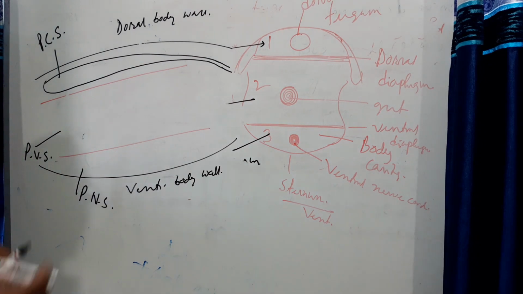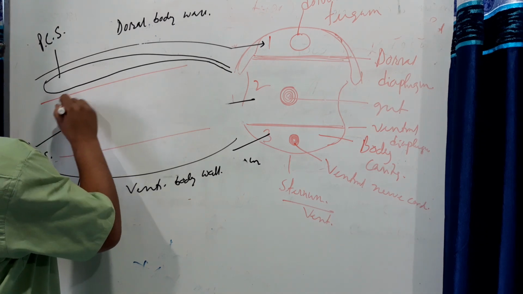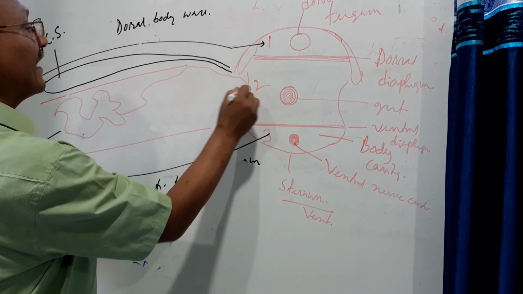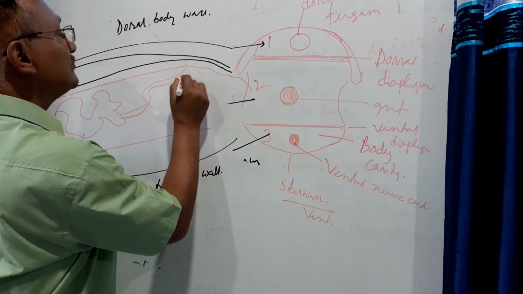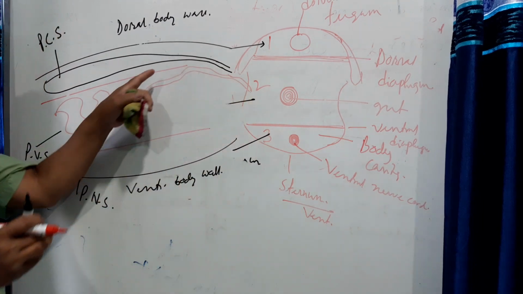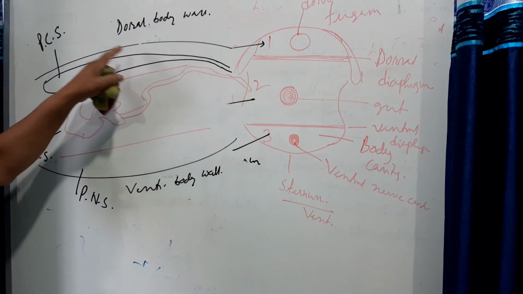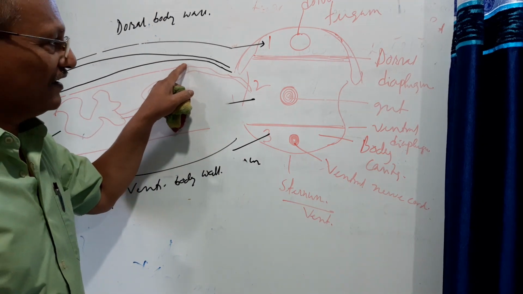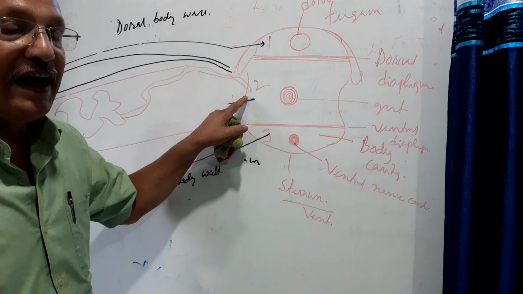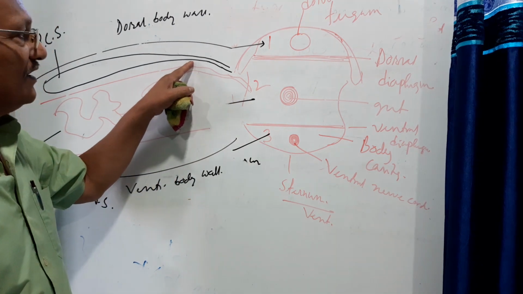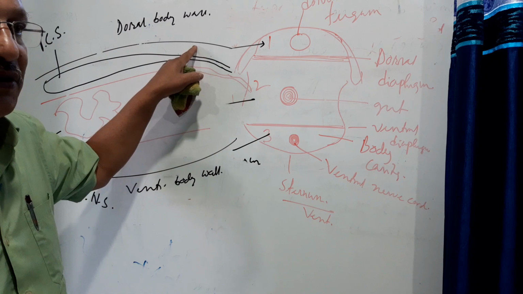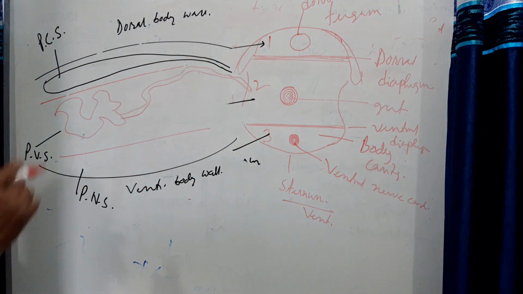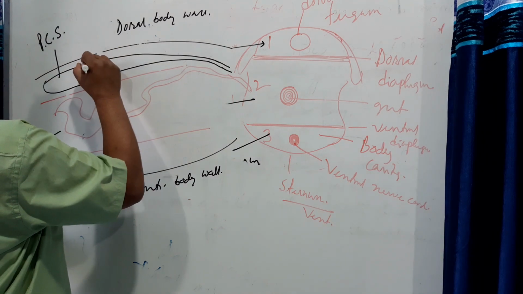The posterior part of the dorsal vessel runs along the dorsal body wall, but the anterior most portion runs along the alimentary canal. That means it is separated from the dorsal body wall. So this is the dorsal vessel.